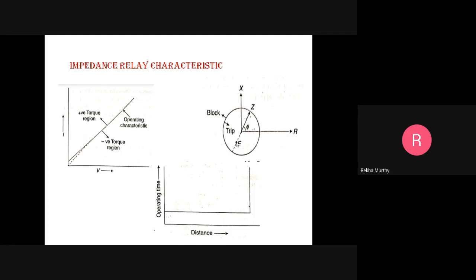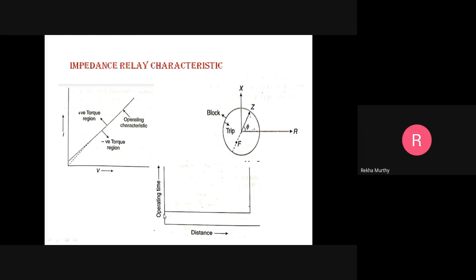In such a situation, the fault point may lie in the protected zone of some other relay. The operating time of this relay is constant, irrespective of the fault location within the protected section.